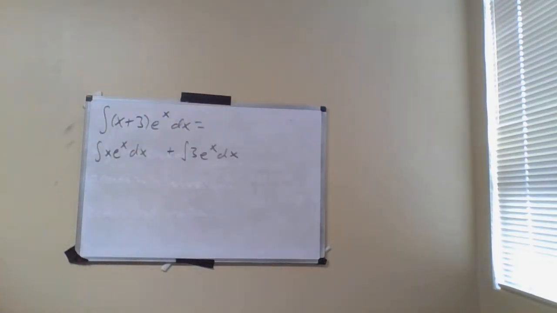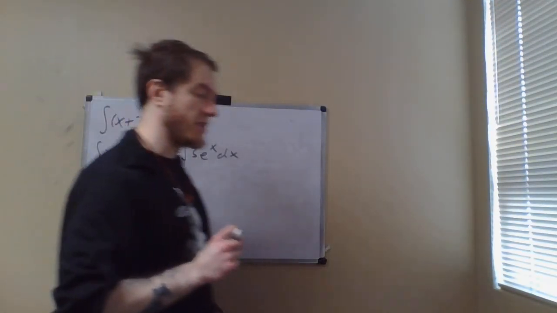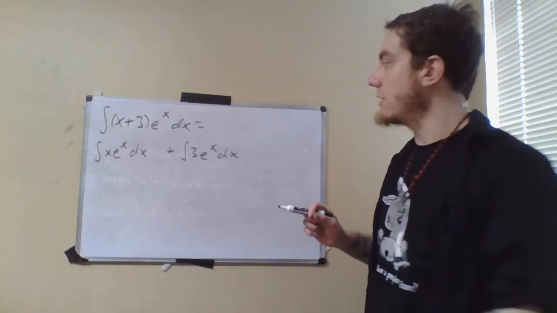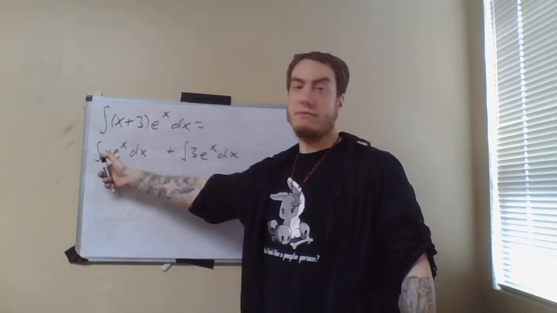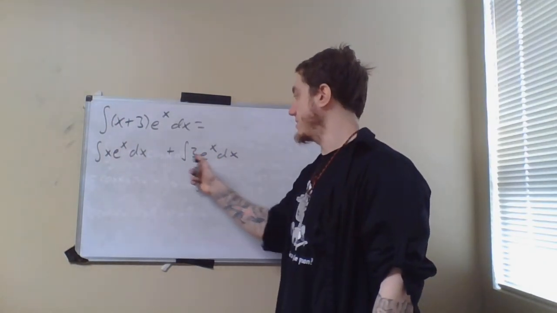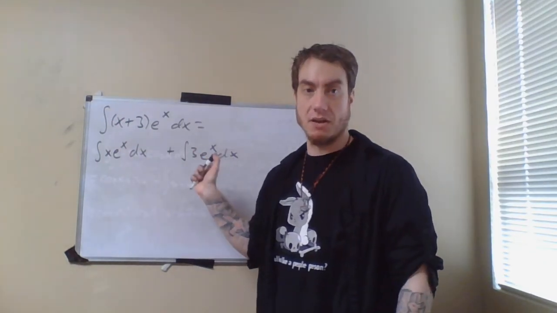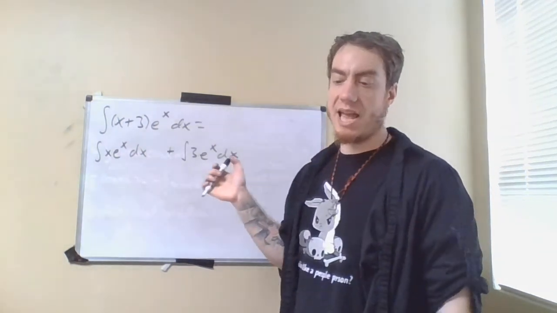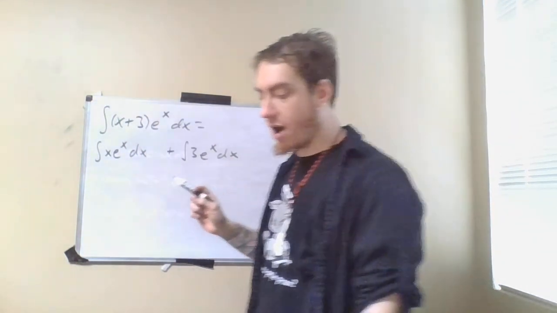But the point is, you can split this up so that you can do parts on different sections of this thing, and it'll work out. And you can see why this is going to work. We've done this example before, x e to the x, and we know how to do this because this is just a basic antiderivative. So we've split it up this way, and it allows us to work through this problem.